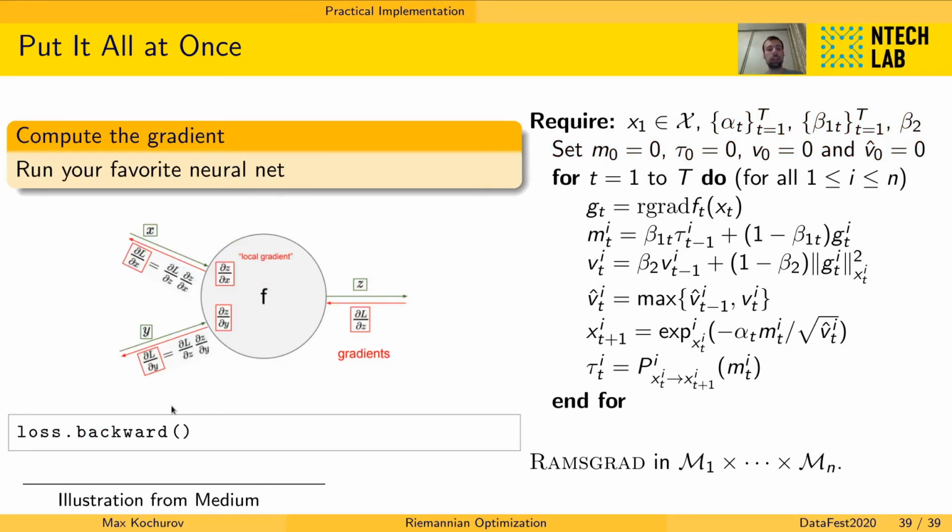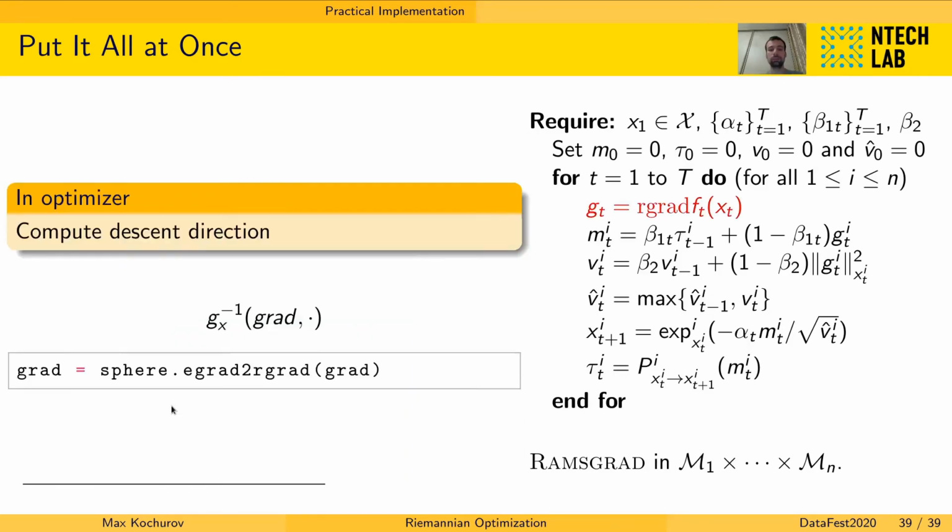Then you run your favorite neural net, compute loss backward, and store Euclidean gradients in point.grad. After that, we need not the Euclidean gradient, we need the steepest descent on the manifold, and we need the inverse of the metric tensor for that. The egrad2rgrad method will give you the correct descent direction given the Euclidean result from loss backward.